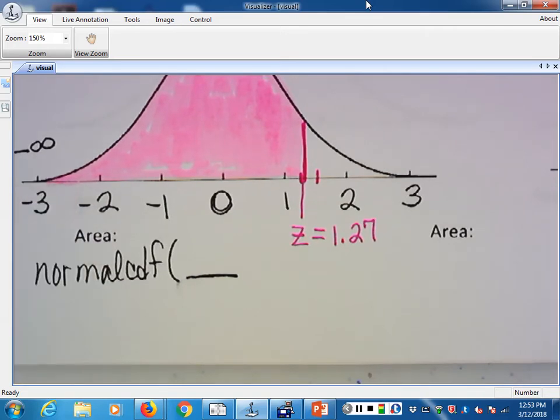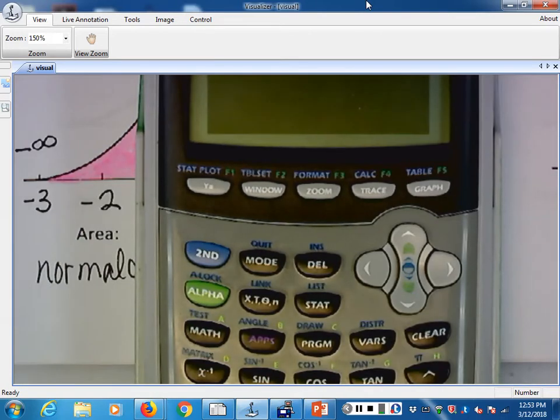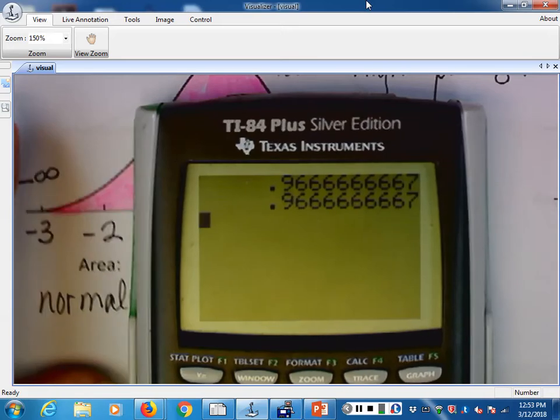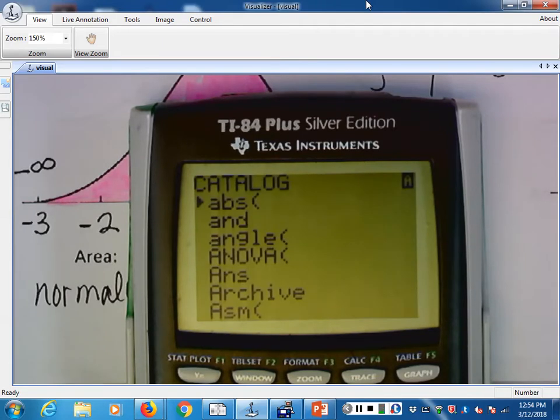Now, without making a contest out of it, I've had people in the past actually look for the infinity button on their calculator. I will tell you that if you hit your second and your 0 button, that list contains every single symbol and every single command your calculator knows.